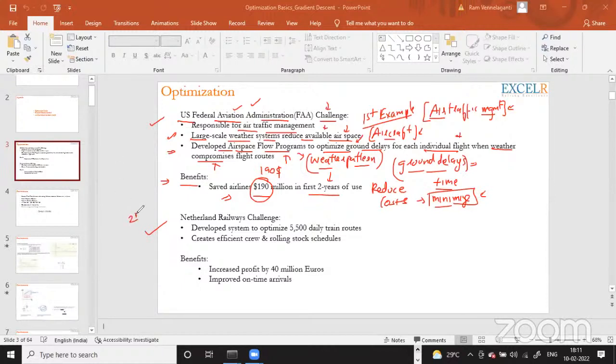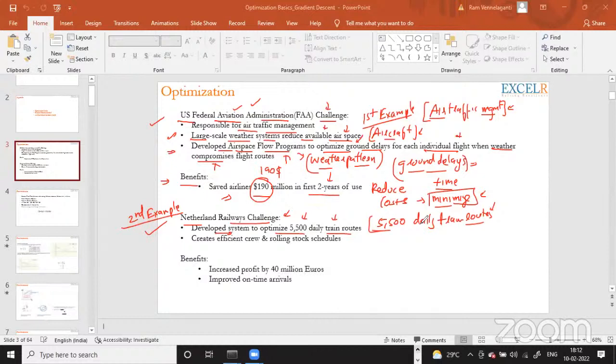What is the second example? The second example that we are working with is the Netherlands Railway Challenge. So we have to understand the problem statement first. We have to develop a system which can optimize 5,500 daily train routes. So we have to optimize our routes for our trains.